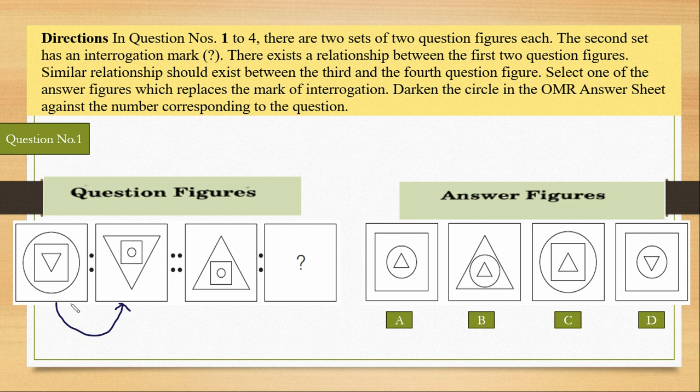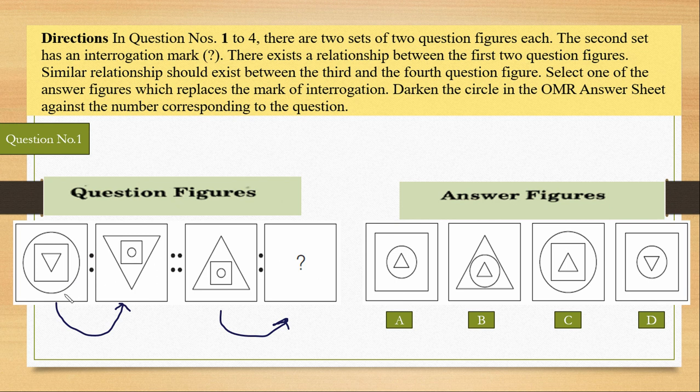This relation or reasoning we have to apply to the second set. In the second set, only one figure is given and we have to apply the reasoning or relation from the first set and find out the second figure, and this figure will match one of the answer figures. All right. Let us try to find out the answer figure here.